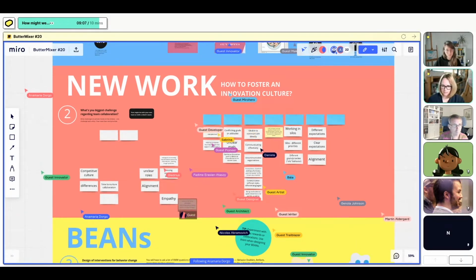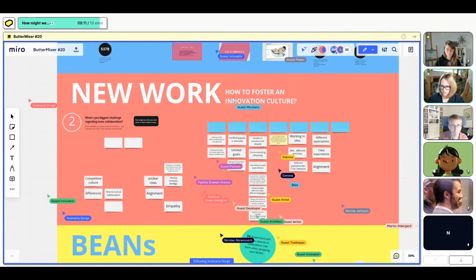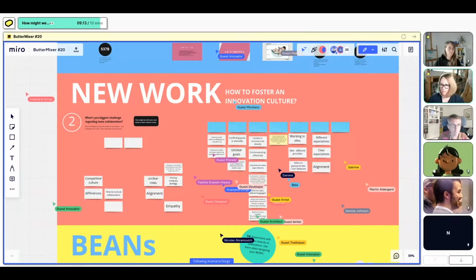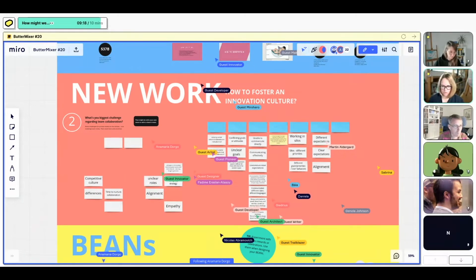And I would like to do a quick voting round. Could you start a voting session, just 1 minute, 4 votes.